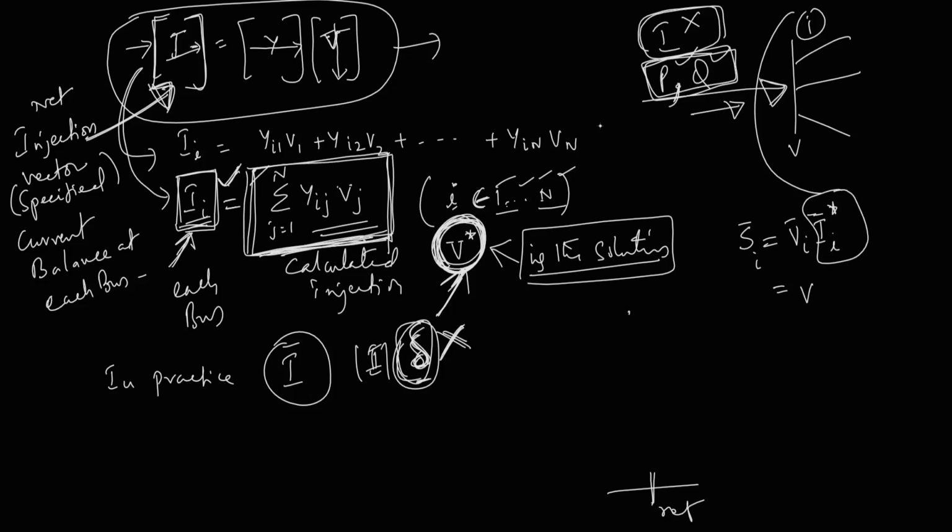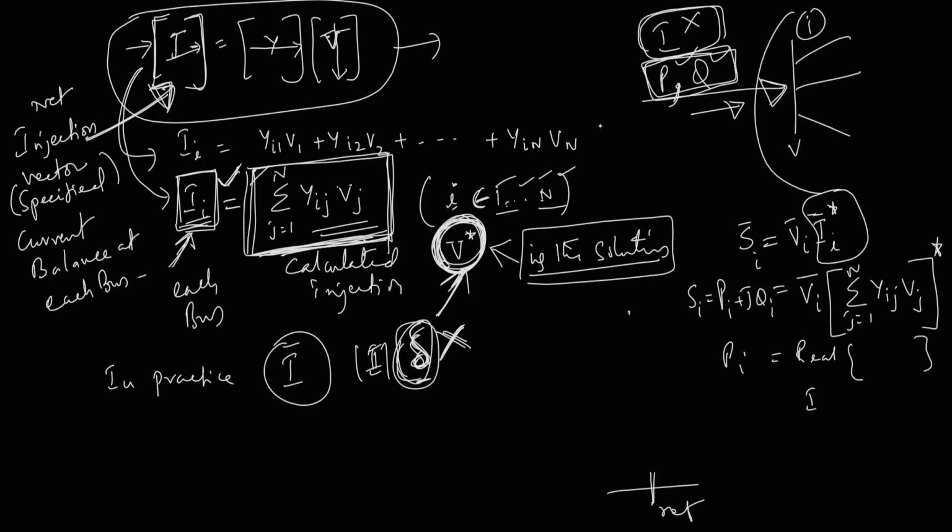That is, I can write V_i phasor multiplied by the summation, j equals 1 to n, of Y_ij Vj conjugate. Now I can write this S_i as P_i plus jQ_i, so the real part is P_i and the imaginary part is Q_i.